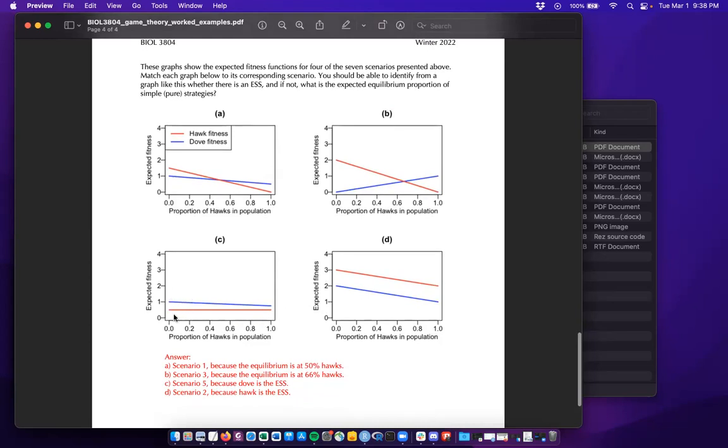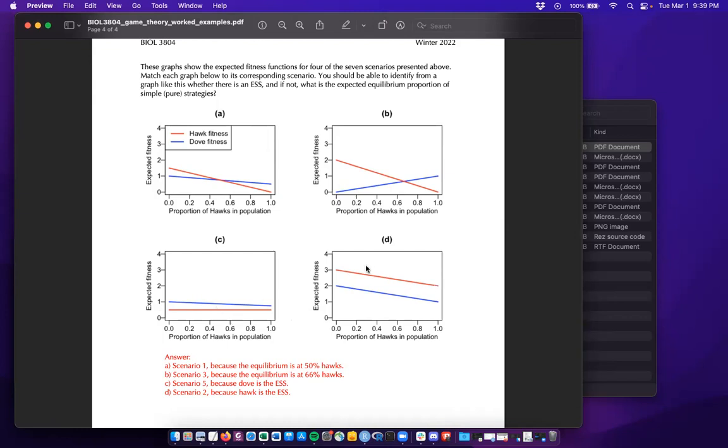So no matter what the population composition is, doves are always fitter. That tells you dove is an ESS. It's better off to be a dove no matter what the population composition is. And here it's better off to be a hawk no matter what the population is like.